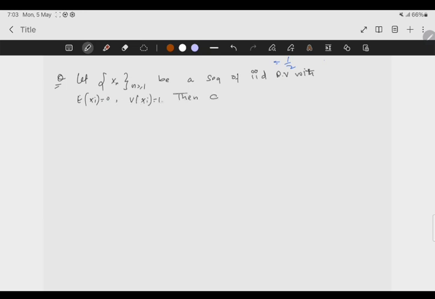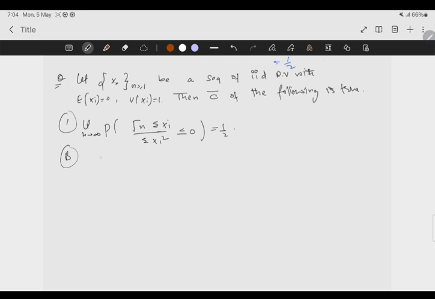Then which of the following is true? A: limit n tending to infinity, probability that under root of n times summation Xi divided by summation Xi square is less or equal to 0 is equal to 1/2.